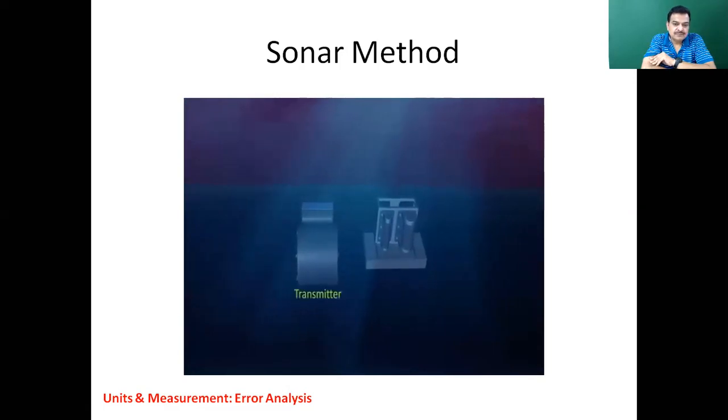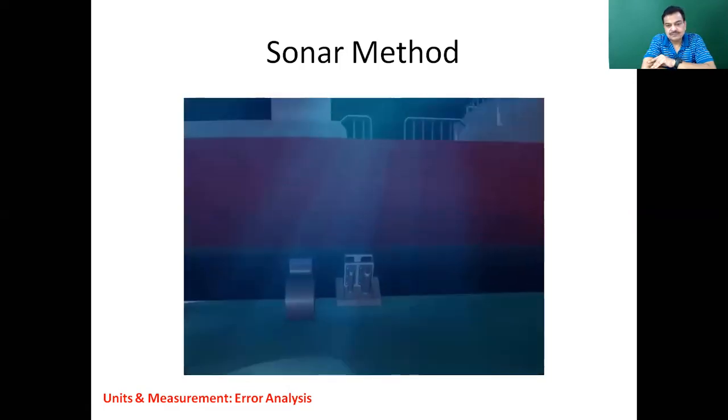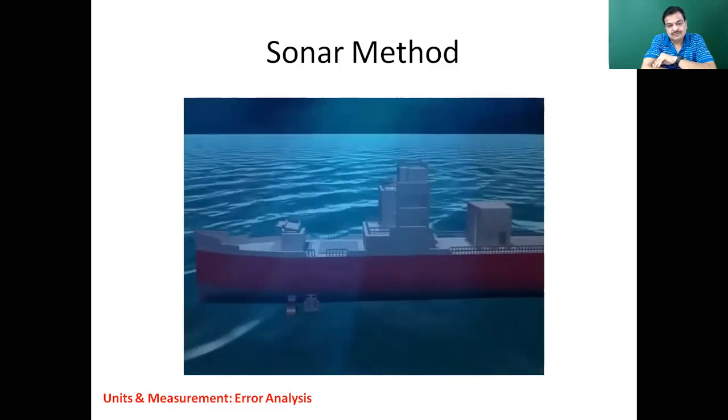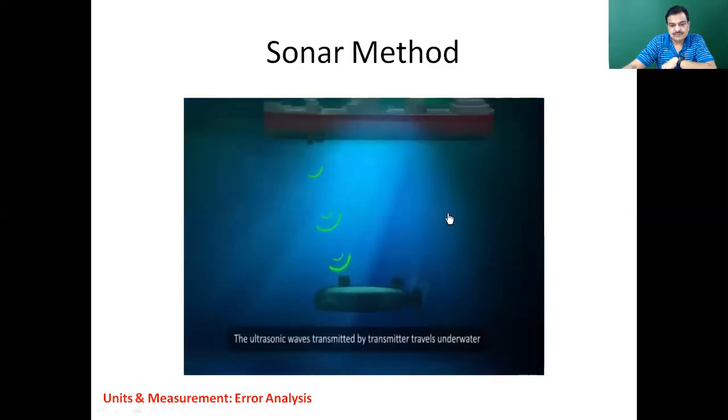Sonar has a transmitter and a receiver which are installed at the bottom of the ship. देखो बेटा, जो ट्रांसमीटर होता है, जैसे आप टीवी के ऊपर चैनल्स देखते हैं या आप रेडियो पे अपना म्यूजिक सुनते हैं, so transmitter is that place जहां से उसको emit किया जा रहा है, and you have a receiver.